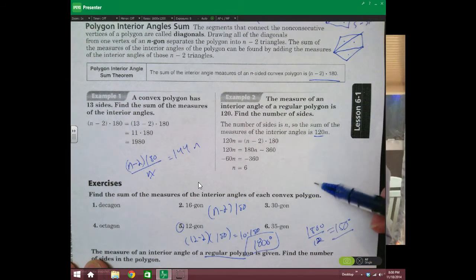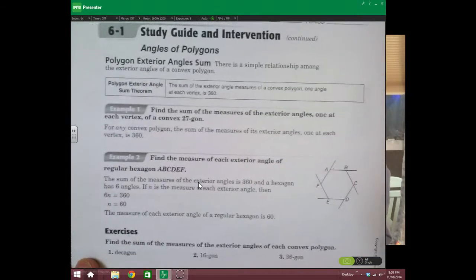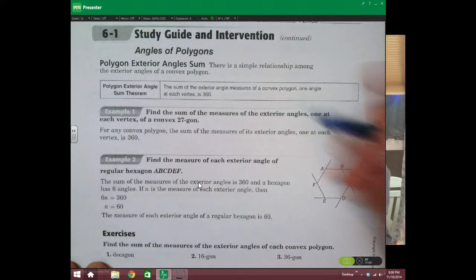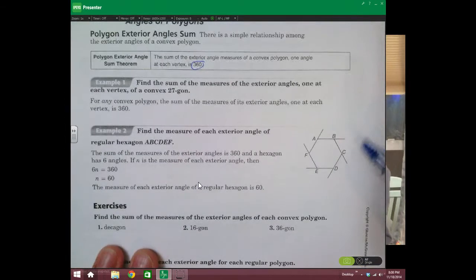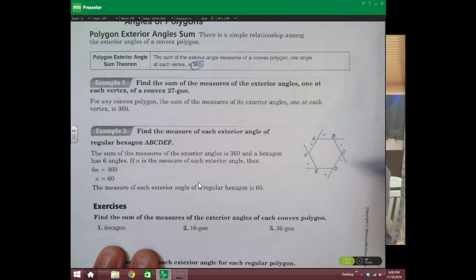There's a much quicker way, though, than doing all this algebra. We already know, from the other part of the section, that the outside angles of a polygon, all of them, this one has 6 of them in this case, all add to, sorry, not 180, all of them add to 360.